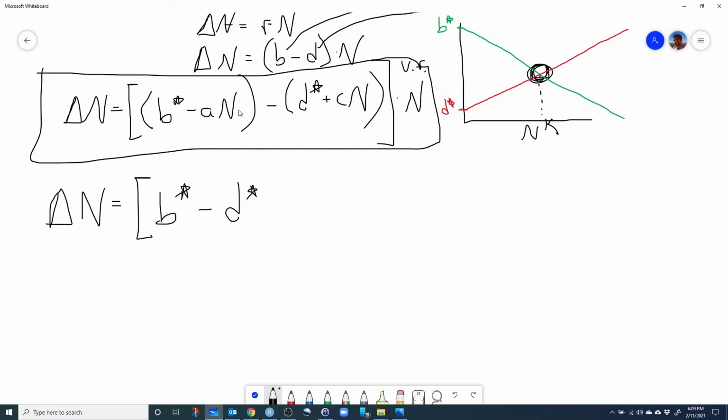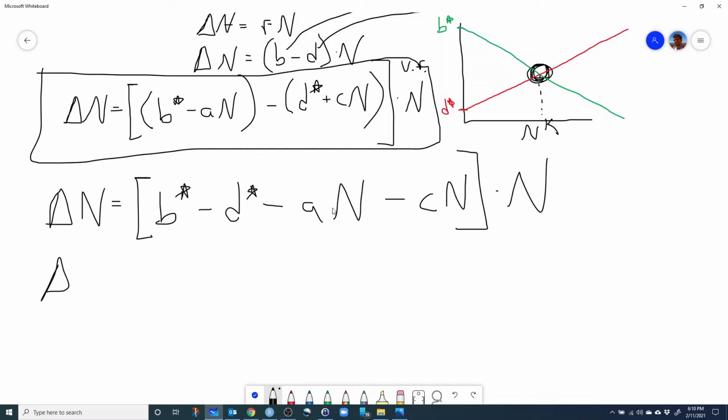Now we're going to take the other terms, and now we say minus an, right? And then we say minus cn, and then multiply that all by n. So I'm just rearranging the terms here, and we can do one more rearrangement, which will just be taking this n and factoring that out.